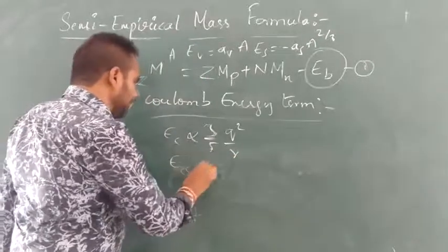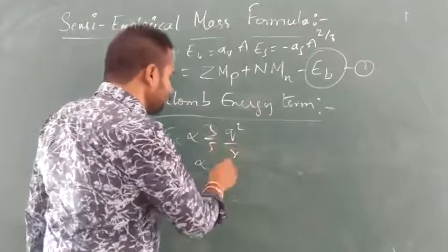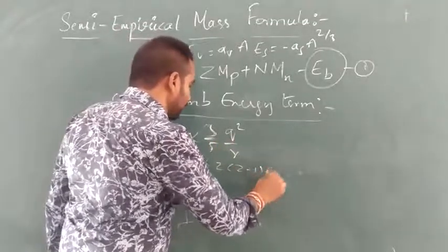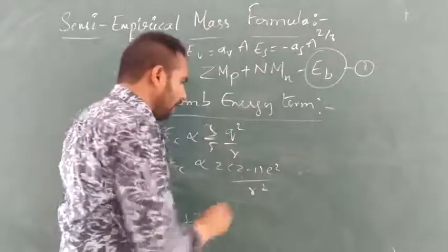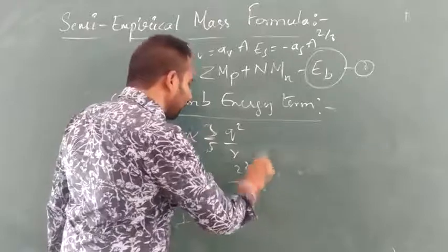So EC is directly proportional to this value. This value can be written as Z into Z minus 1 into e square by R square, or simply Z square e square, because here we are taking the charge of the electron e.